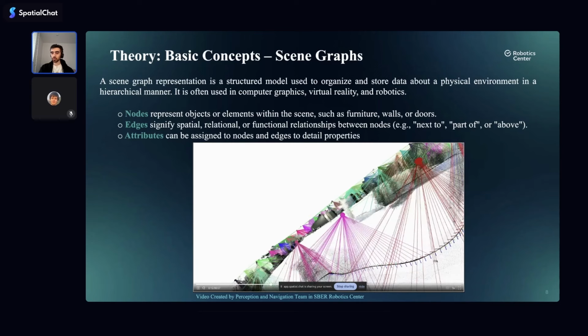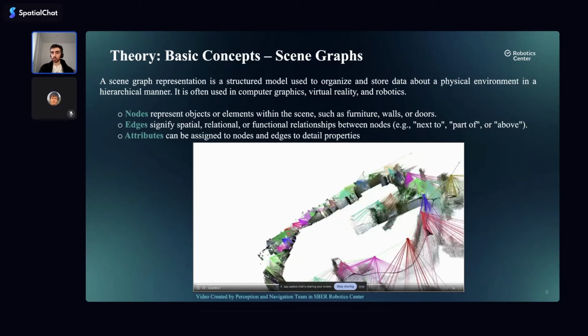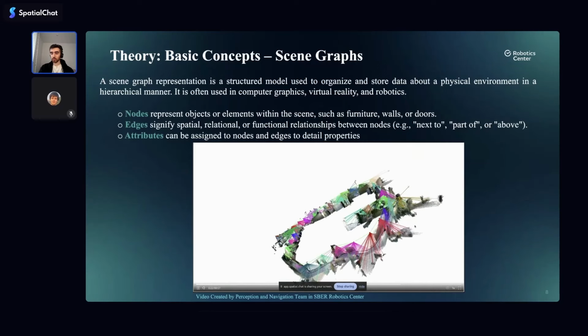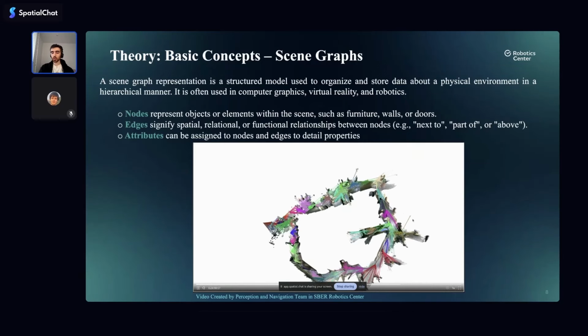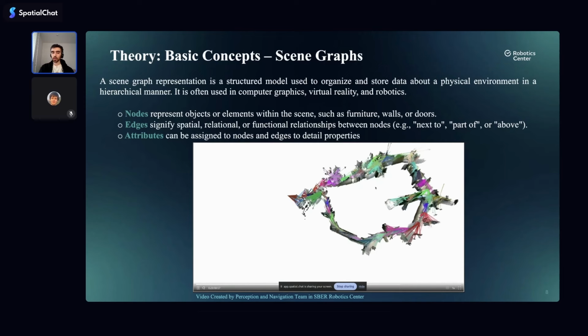As we have seen, scene representation is very important, so that we have some data structure to interact with, to save, and to traverse. Scene graphs are one of the most used ways to do this.